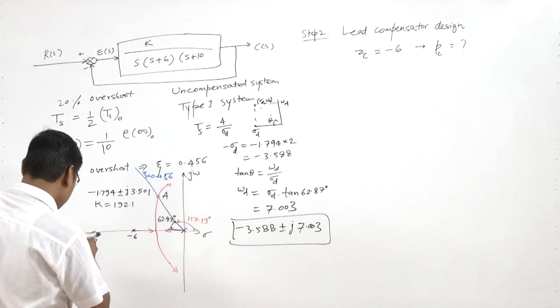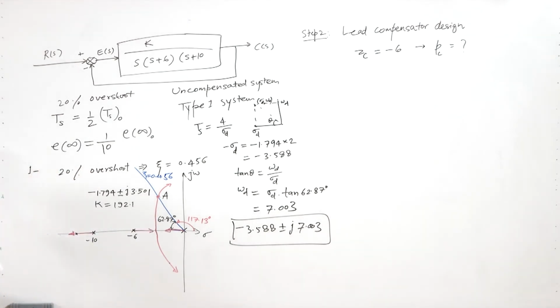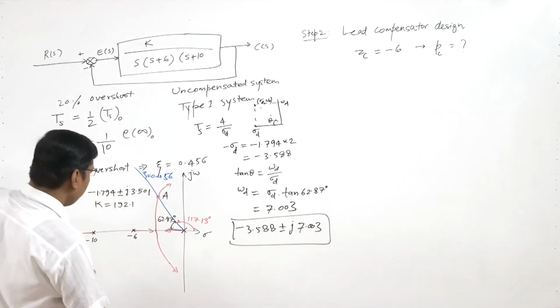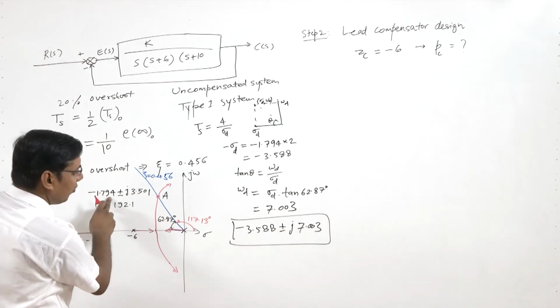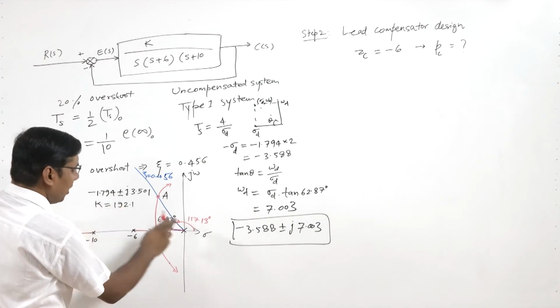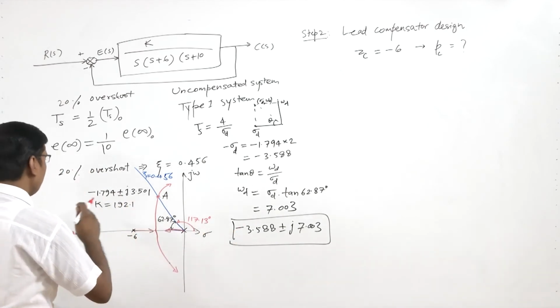So now we plot this point B. So let's say this is minus 1.794, and now we are double of this.